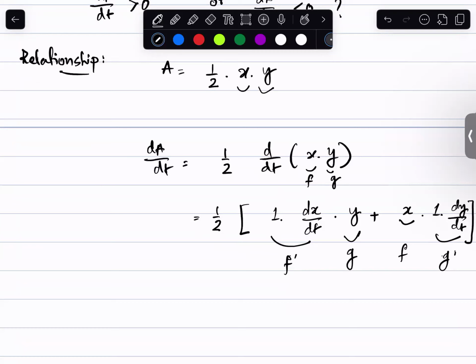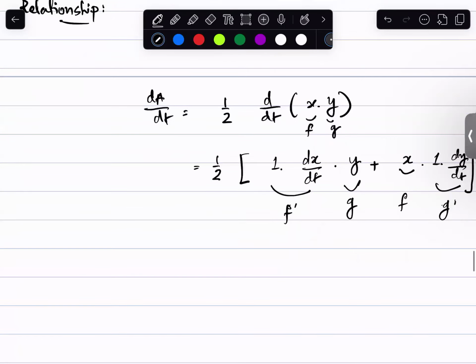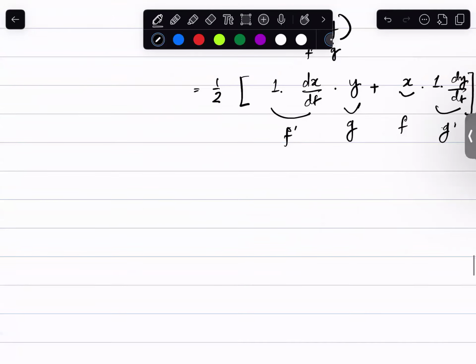Here x and y are two different variables, and t is the independent variable. So as you are differentiating with respect to t, you have dx/dt and dy/dt as an extra multiplier when you take the derivative of f prime and g prime in the product formula.